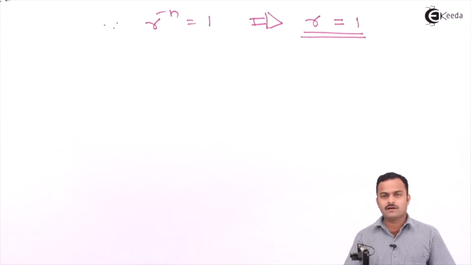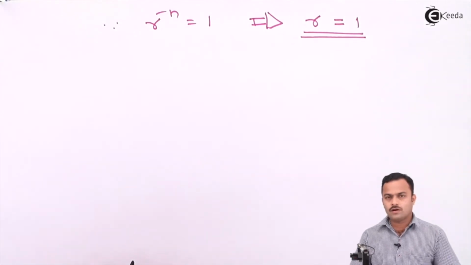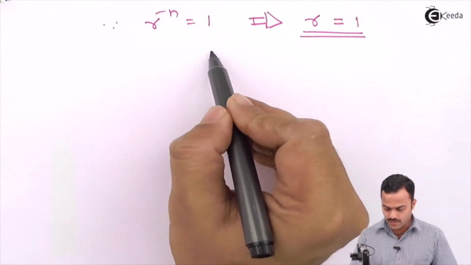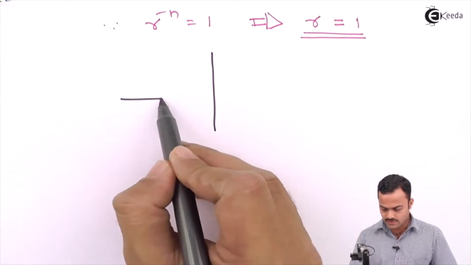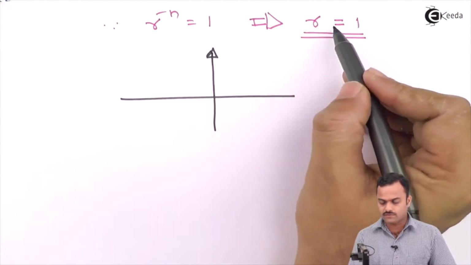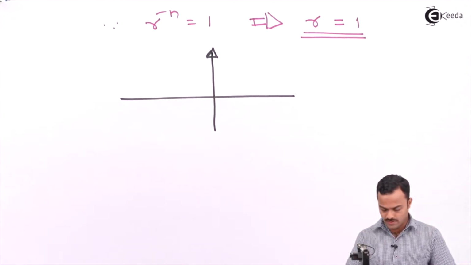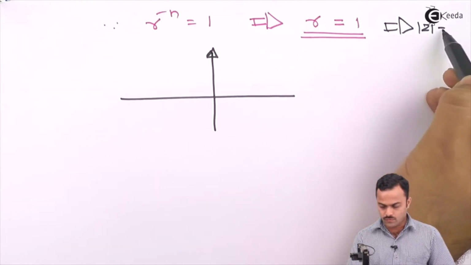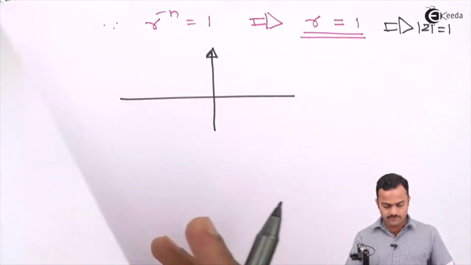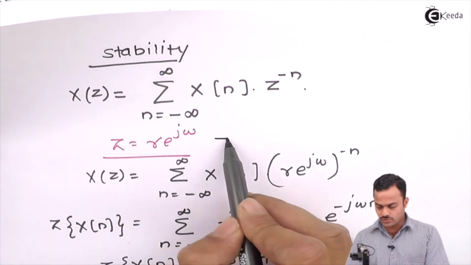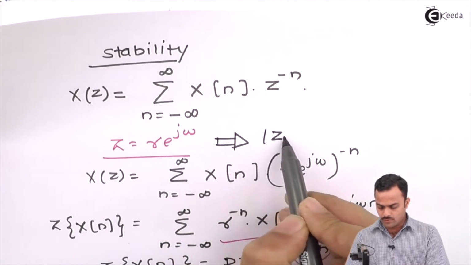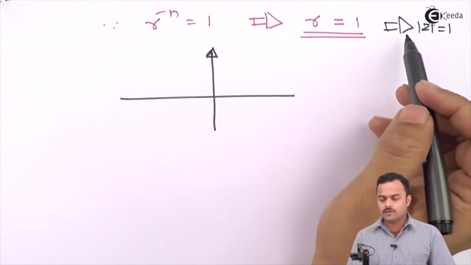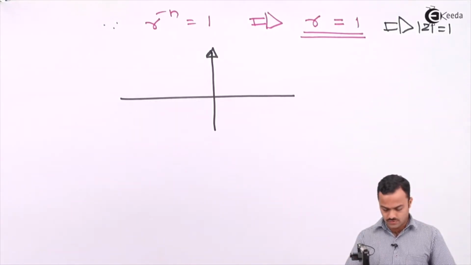R is nothing but a radius. So how can I relate this? For stability, I should have an ROC which includes r equal to 1, or I can say mod z equal to 1. Because if I have z equal to r e raised to j omega, this implies mod z has to be equal to r. So r equal to 1 implies mod z has to be equal to 1. So what is the meaning of this?